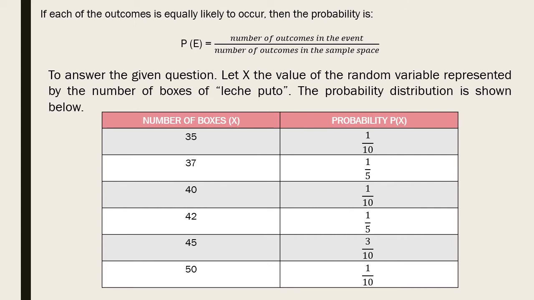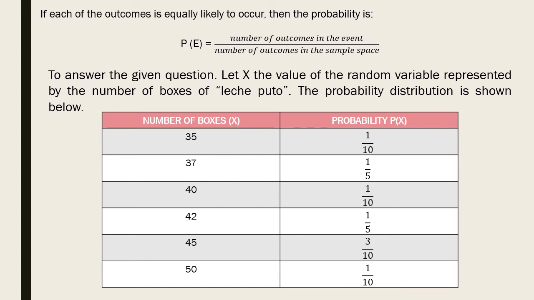So, as you can see in the table, yung number of boxes natin, if you are going to go back to our last slide, yung number of boxes natin na 35 out of 10 days, 1 lamang yung outcome na kung saan yung number of boxes na 35 ay na i-deliver.